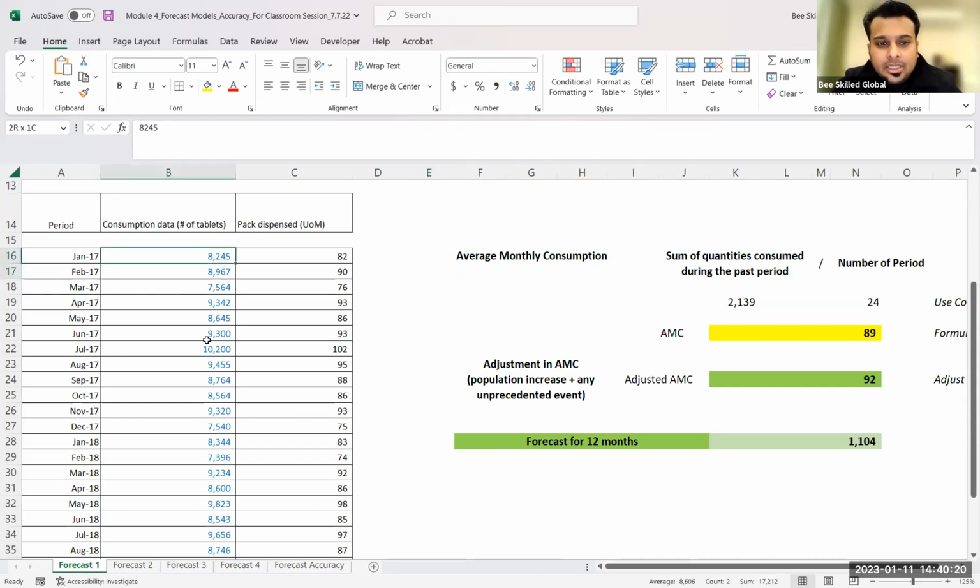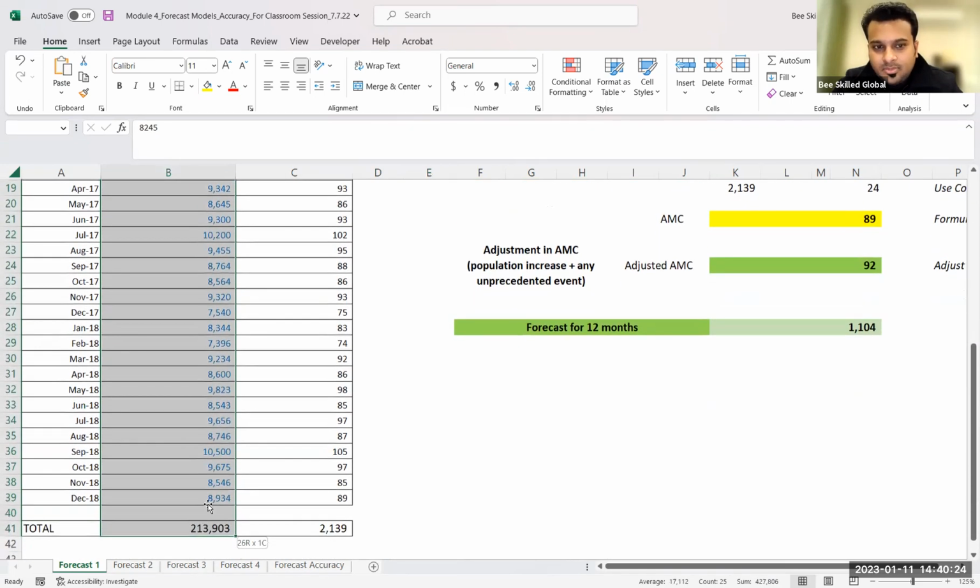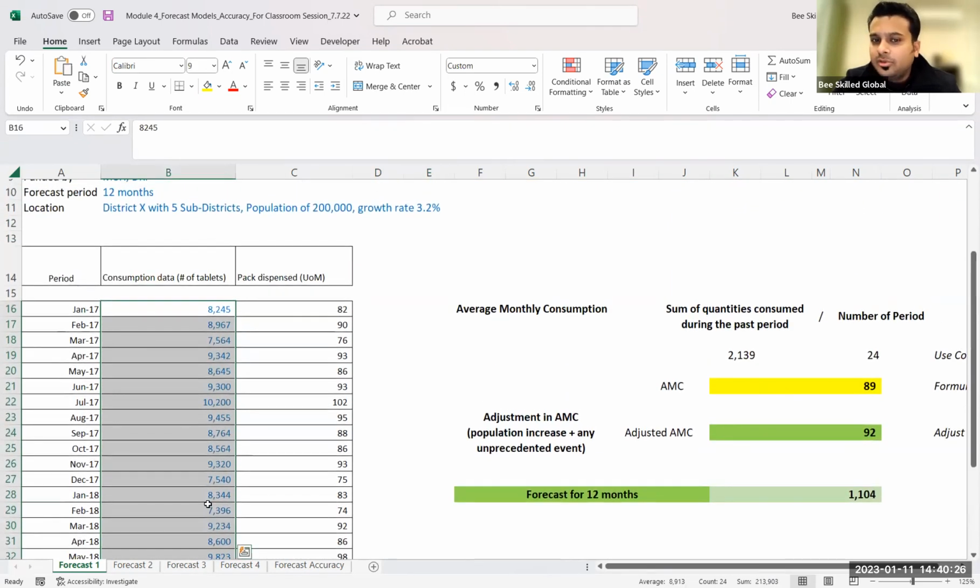Here are the number of tablets of ciprofloxacin used. What we have done is convert it into secondary packs so that it becomes easier to calculate. To do that, we have simply divided this number by 100 because in a secondary pack there are 100 tablets.